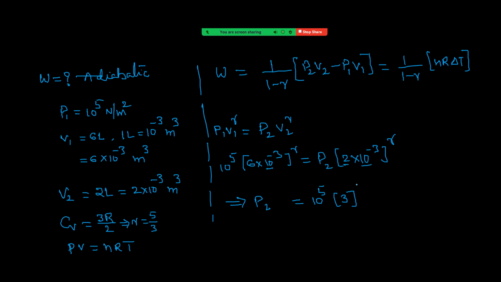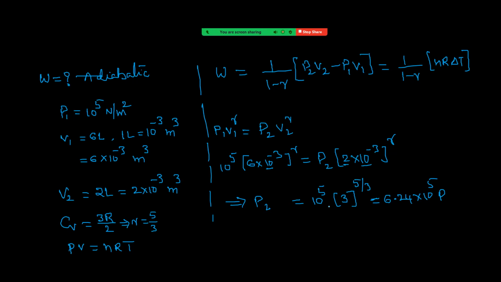Gamma is 5 by 3. So it is now 3 power 5 by 3. Then see, the pressure becomes approximately 6.24 10 power 5 Pascal.